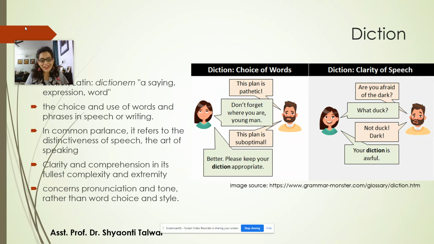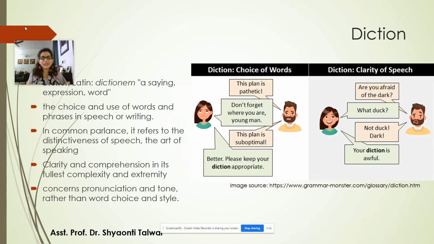But if you are inviting the principal of your college or your boss, you have to say things like, "Sir, it's my sister's wedding," and you hand over the invitation card and you say, "I'll be so happy if you could grace the occasion with your presence." So it's the choice of words and phrases that determines diction.